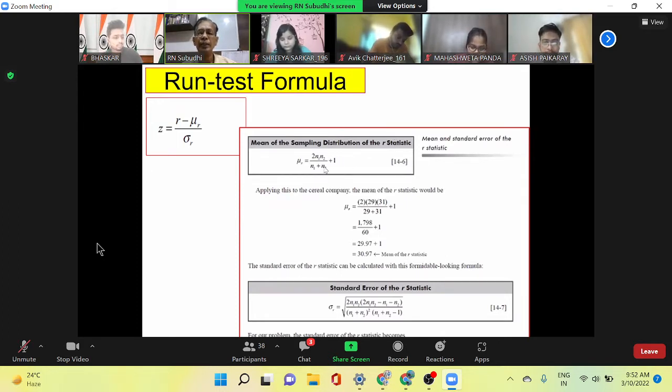Write the plus 1 separately. And sigma is the square root of 2 n1 n2 into 2 n1 n2 minus n1 minus n2, by n1 plus n2 whole square into n1 plus n2 minus 1. All of you please write the formula.